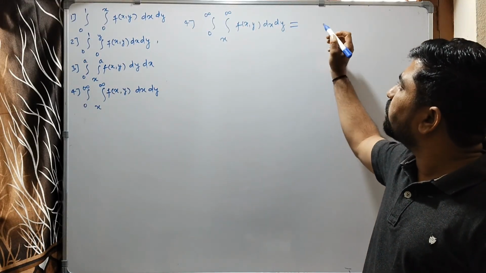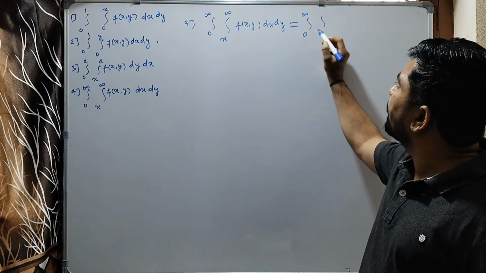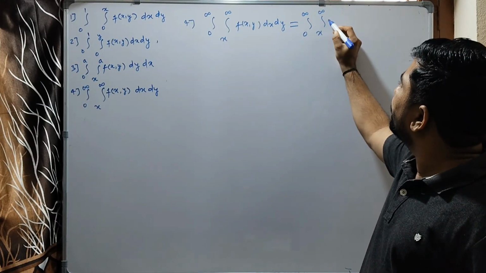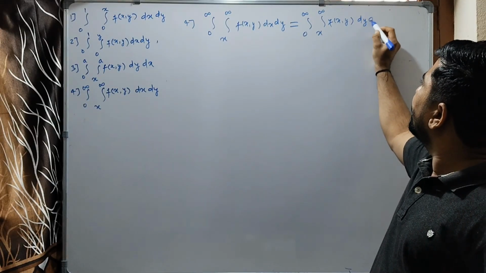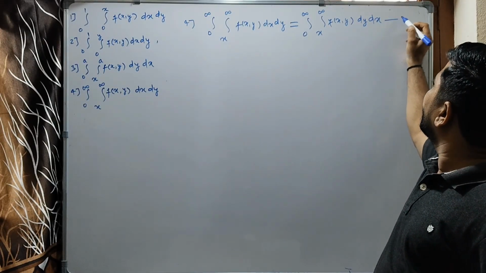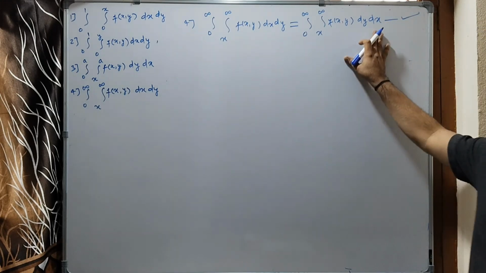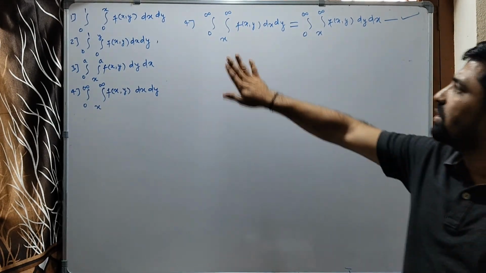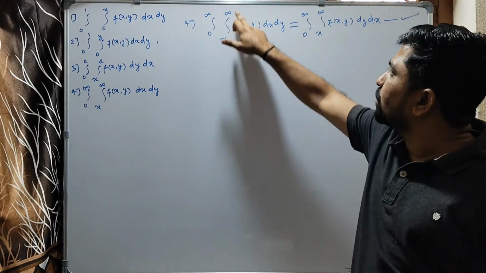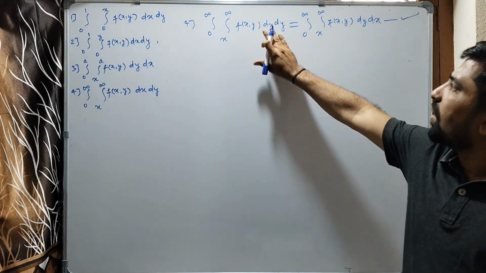So I am writing the correct form of this integration. The correct form is 0 to infinity, x to infinity of f of x comma y, dy and then dx. This is the correct form of my integration. I want to change the order with respect to this correct form, not with the one given in the question, 0 to infinity, x to infinity f of x comma y dx dy, which is not the correct form.